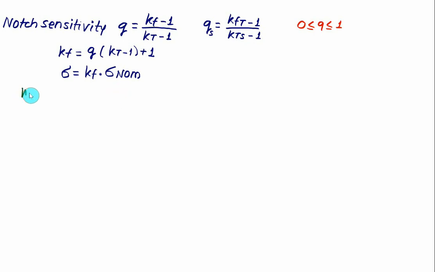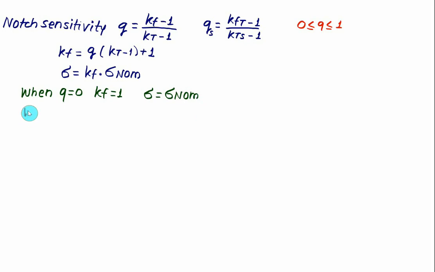So if the value of Q is equal to 0, we have the value of Kf equal to 1. So there is no effect of the dynamic stress concentration factor, and in this case the nominal stress is the same as our dynamic stress, that is sigma equals sigma nominal.